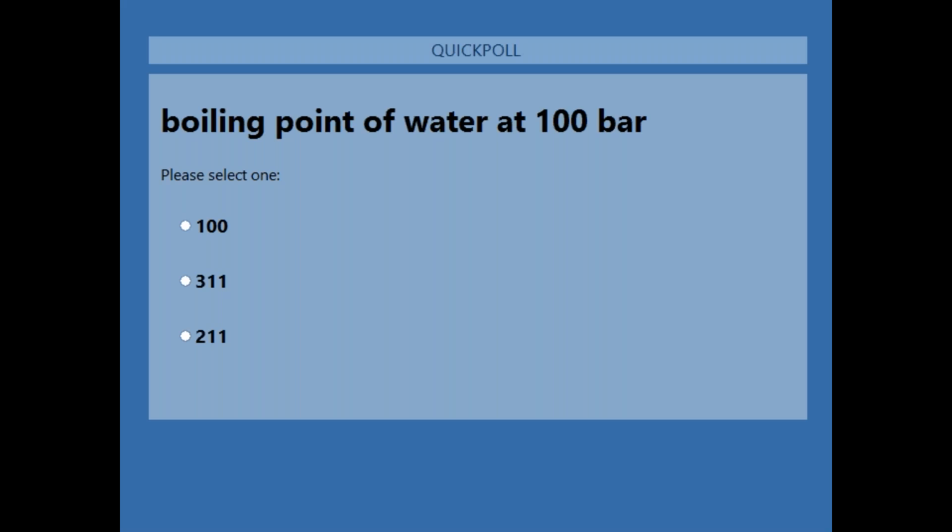About 50% of the class have voted. There are 3 options given: one is 100 degrees centigrade, another is 311 degrees centigrade, and the third is 211 degrees centigrade.